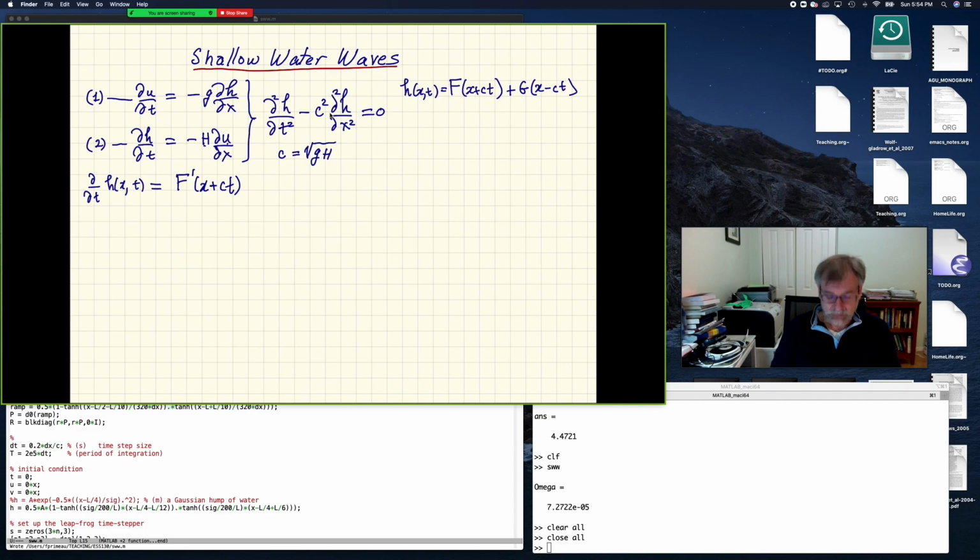We have to use the chain rule, and that gives us c, plus the derivative of this term with respect to t, which will give us g prime of x minus ct, and then by the chain rule we differentiate the inside, we get a minus c.